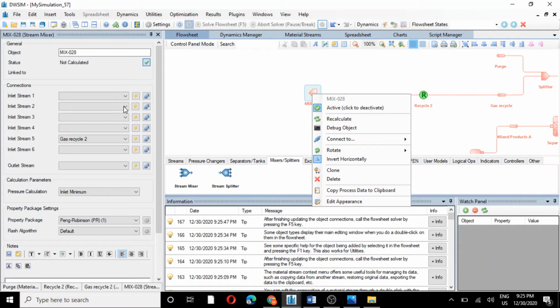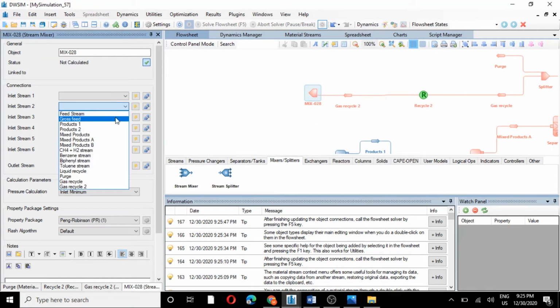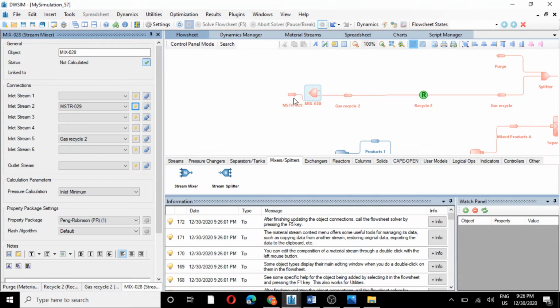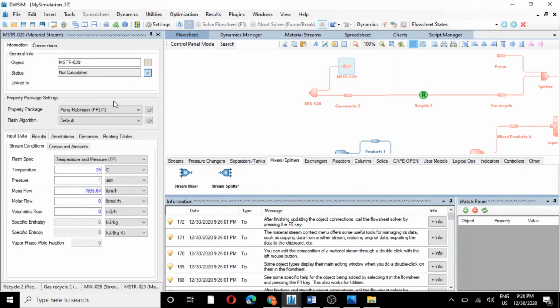So we're gonna add another stream here in stream 2. You can invert this horizontally. Okay, and this one is our makeup stream.